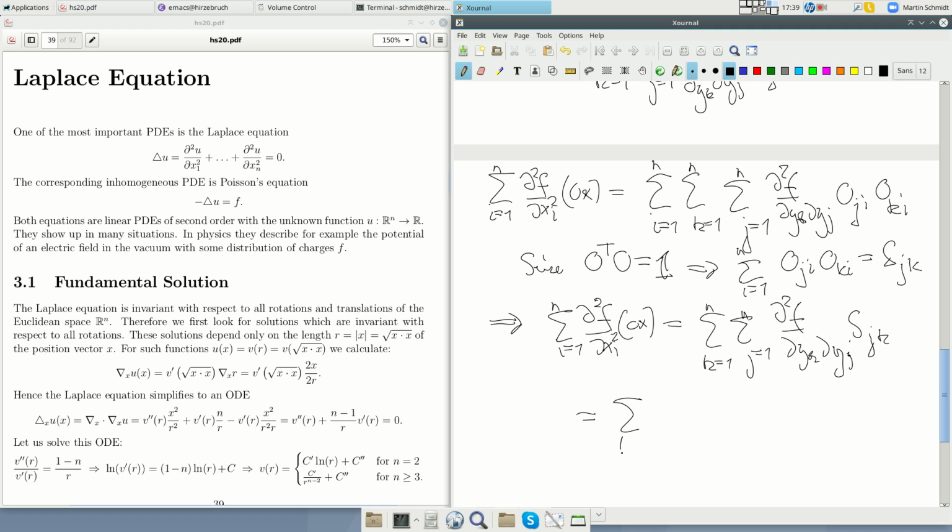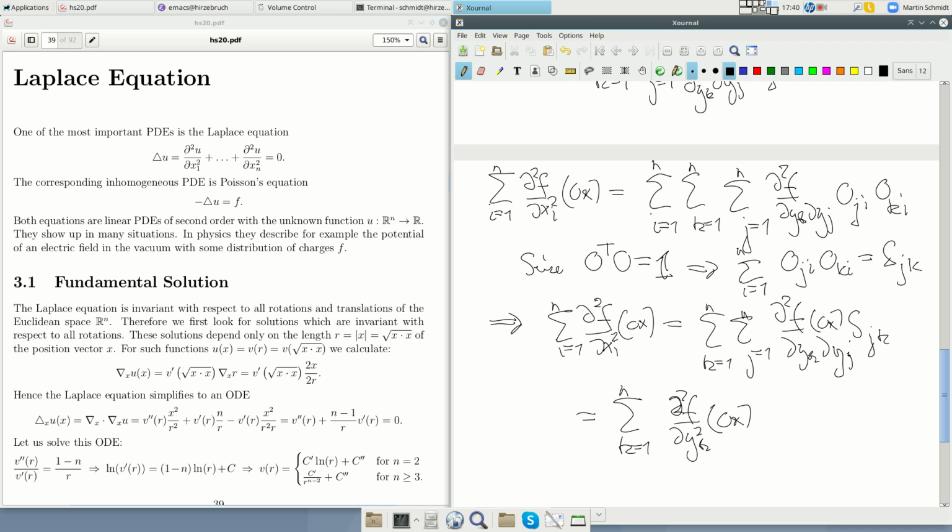So we get the sum k equals 1 to n of d squared f over dy_k squared, evaluated at Ox. And so we indeed get, this is again the Laplace operator evaluated at Ox. So this shows that this is really invariant.